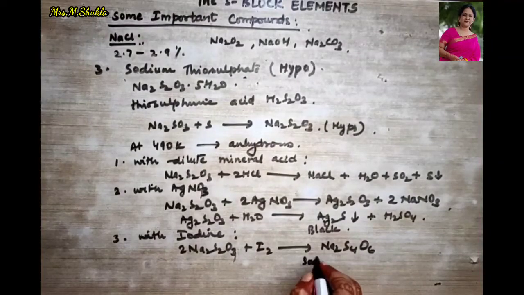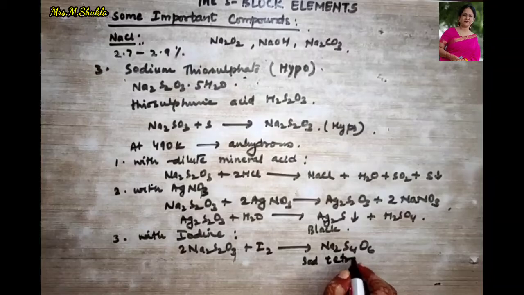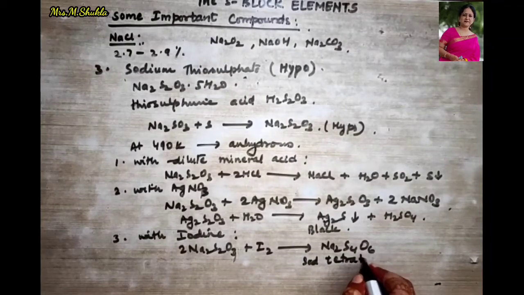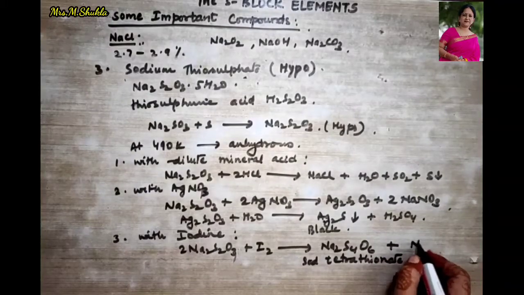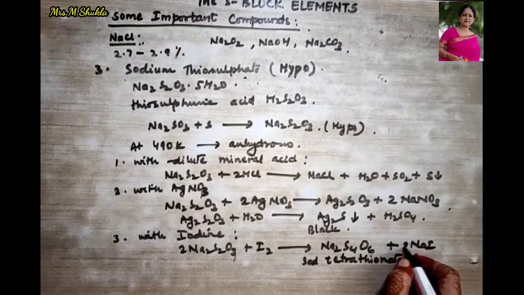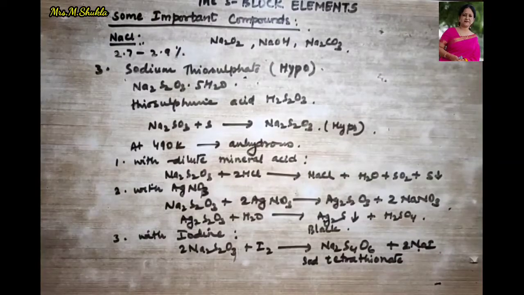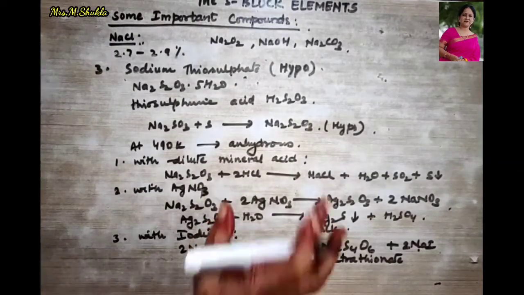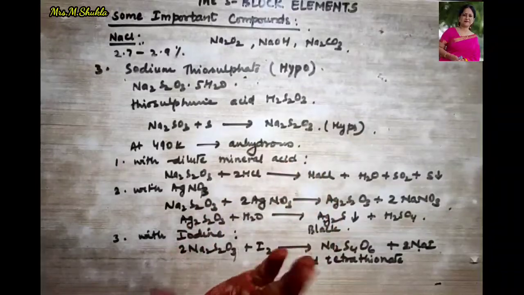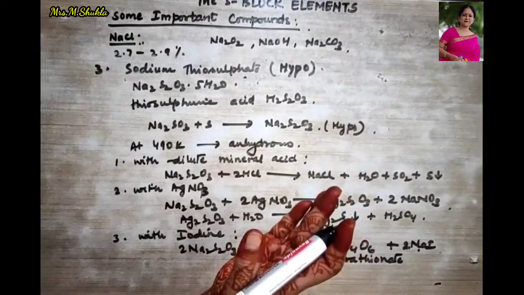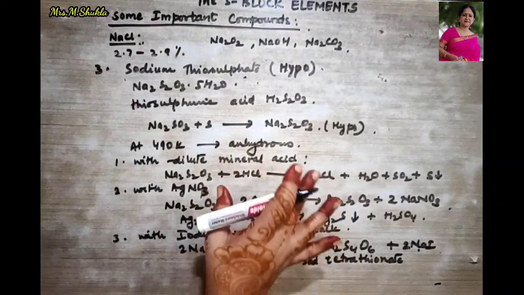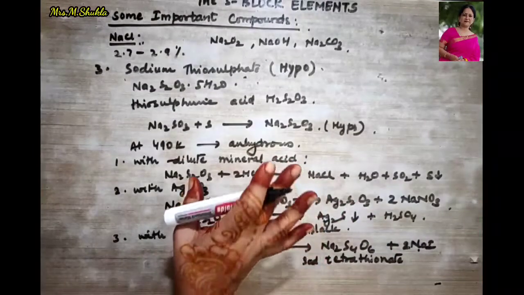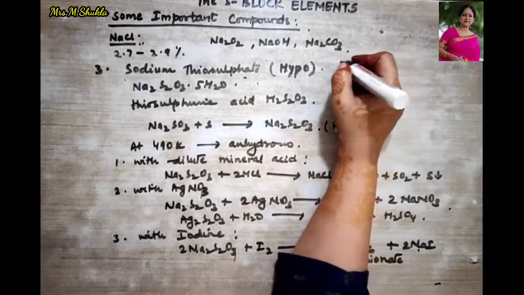Sodium tetrathionate, plus it is going to give us sodium iodide, 2 molecules of sodium iodide. Now this reaction is used in volumetric estimation of iodine, and it is also used to remove the stains of iodine, right?